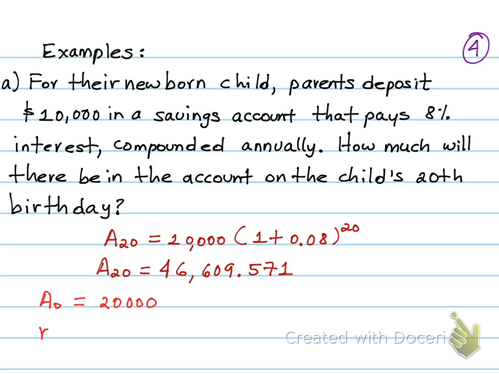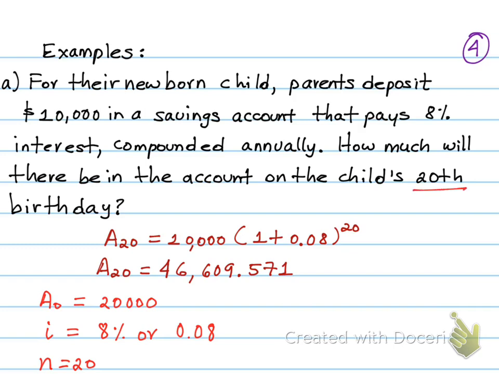The interest rate, in this case we're using I, is equal to 8% or 0.08. The period is 20 because it is asking for 20 years.